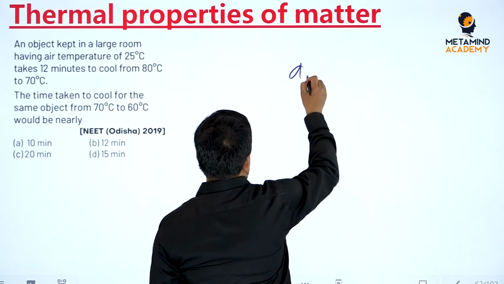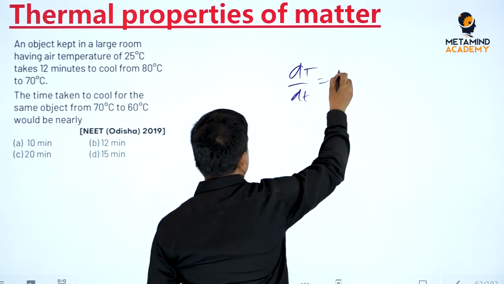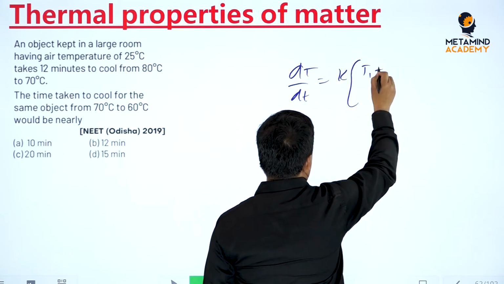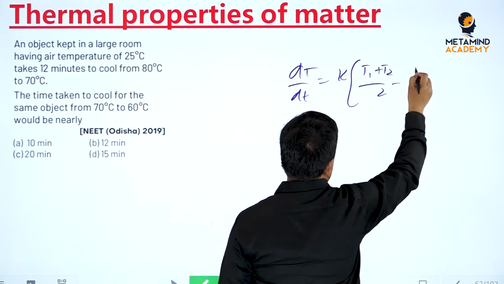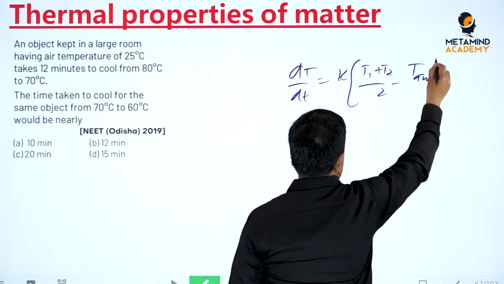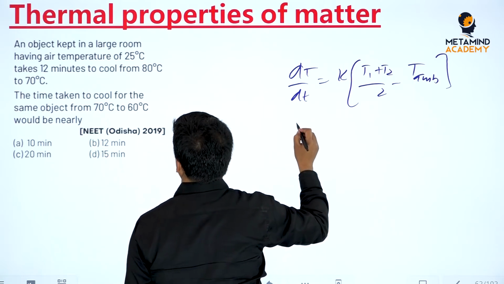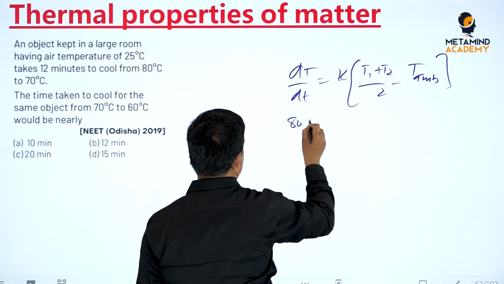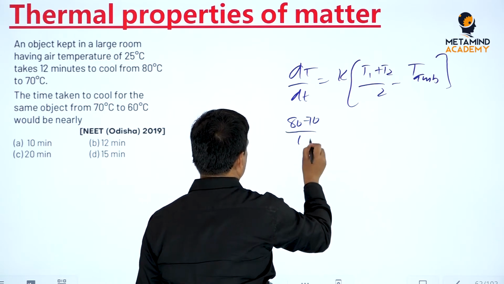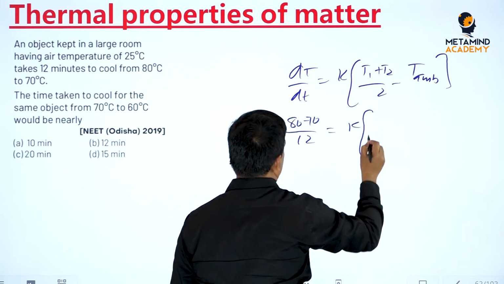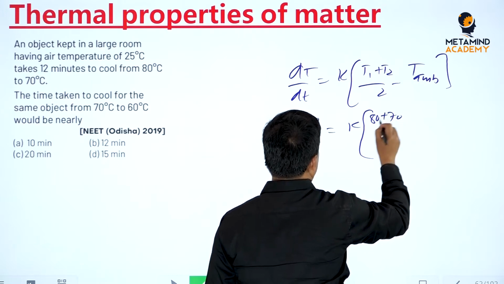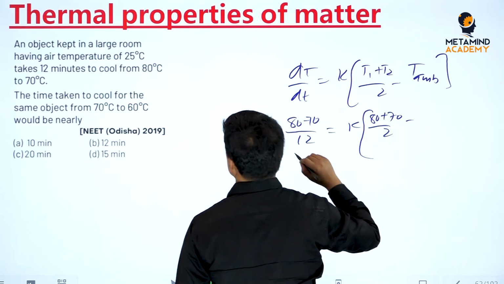You remember dT by dt is k times (T1 plus T2) by 2 minus T ambient. Let's apply this formula. So first time it is cooling from 80 to 70. So (80 minus 70) by 12 minutes is k times (80 plus 70) by 2 minus ambient, which is 25.